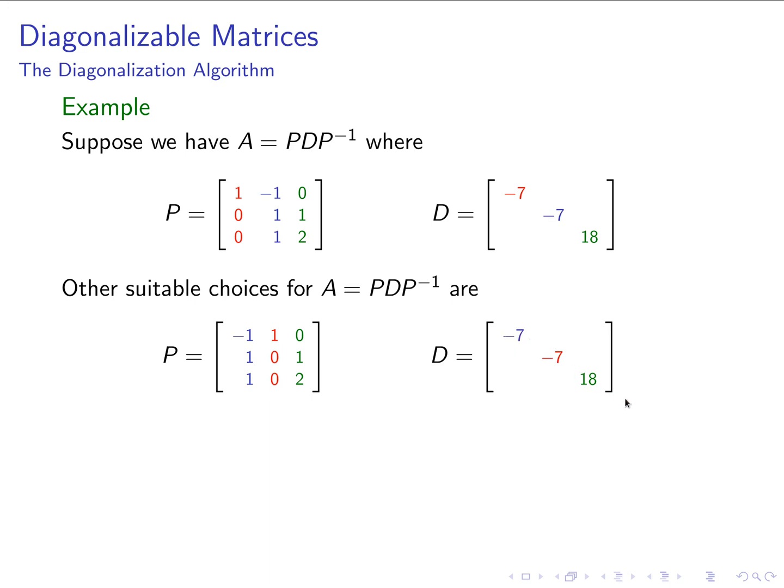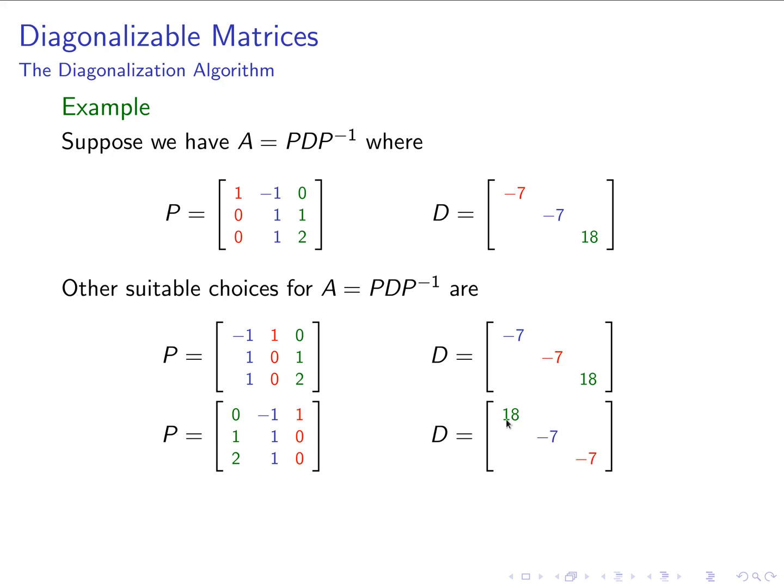Now, in this example, we're simply swapping the red -7 with the blue -7. So the matrix D doesn't actually change, but I still find this useful to think about because if the numbers were different, then the numbers would change. If we wanted to, we could write P as green column, blue column, red column. And if that's the case, then we need to alter D as well and write it as green number, blue number, red number.